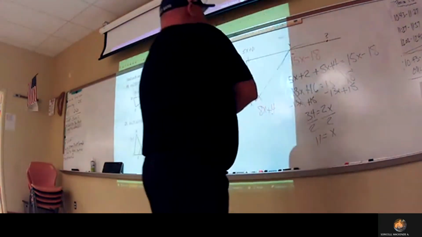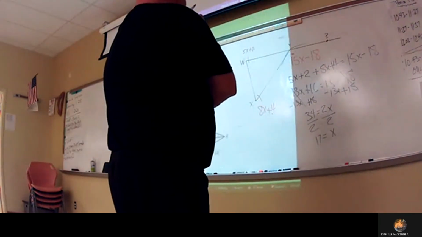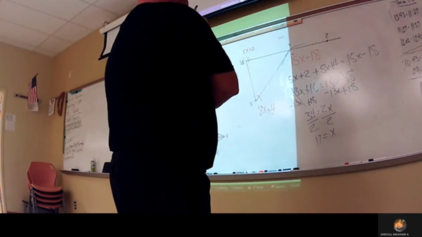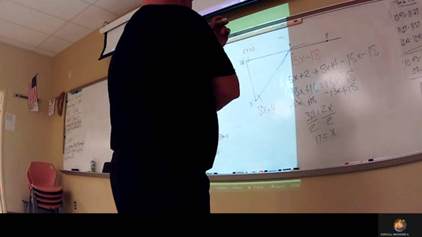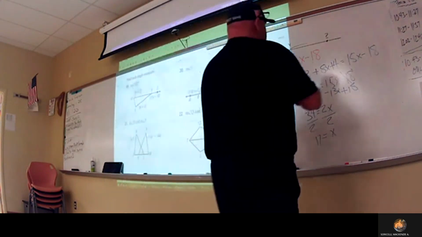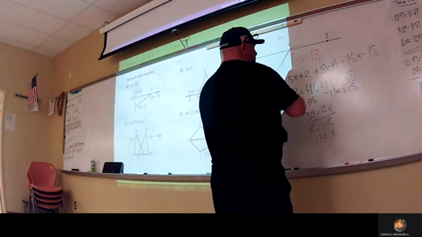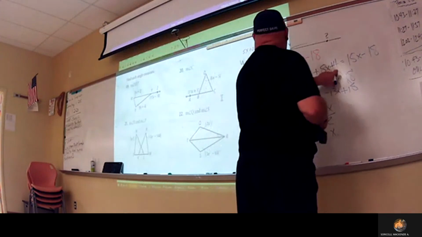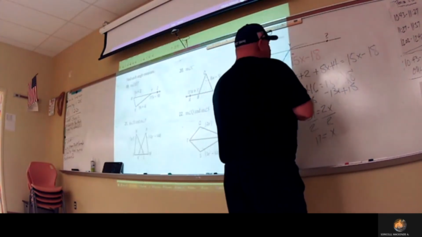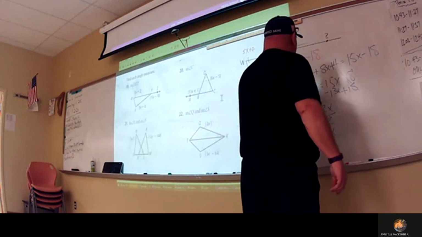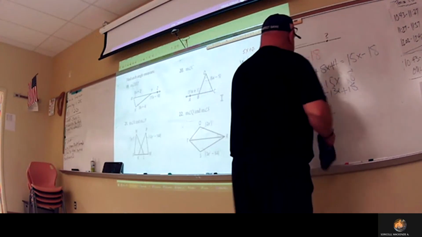Man, this doesn't seem right to me. 5x plus 2, 8x plus 4, 15x minus 18. 2 plus 4. Ah, here's what it is. I said 16, that's not 16. 4 plus 2 is 6.